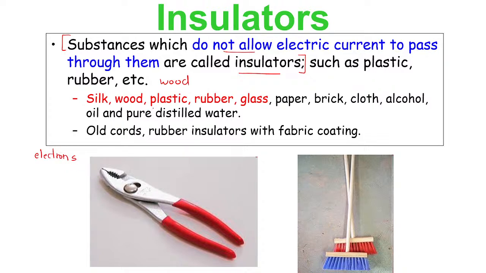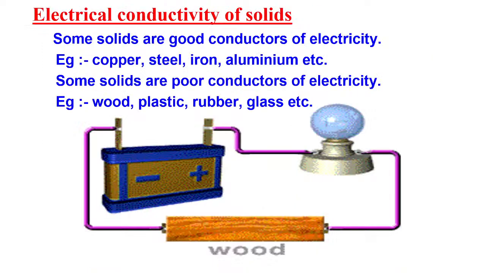Because of this, these materials are used for insulating things. The copper wires, if you touch them while conducting electricity, you may get an electric shock. Therefore they are coated with plastic material. Electrical gadgets like pliers, you must have seen they are coated with plastic. Why? So that when an electrician is doing electrical work, he or she should not get an electric shock. This prevents the person from getting an electric shock.